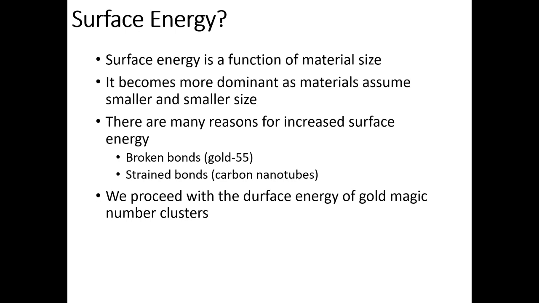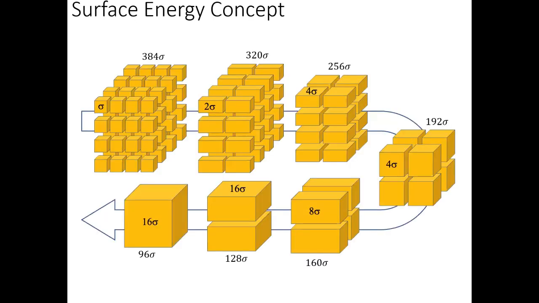We proceed with the surface energy of gold magic number crystals. Okay, if we start here, and again, this is very intuitive, there should be no history here. If the surface energy of these little cubes is sigma, what is the total surface energy there? You add up all of these cubes, 4 times 4 times 4 cubes, 64. It should be 384 sigma, and there's 6 sides to each cube.